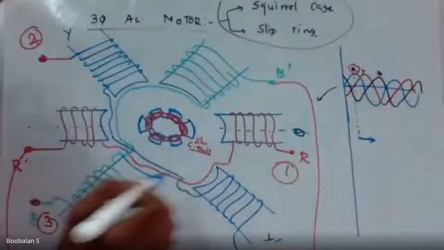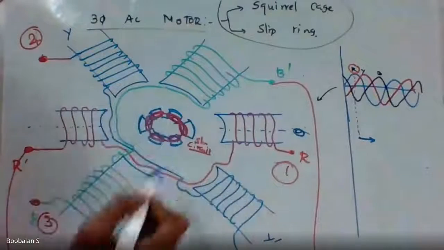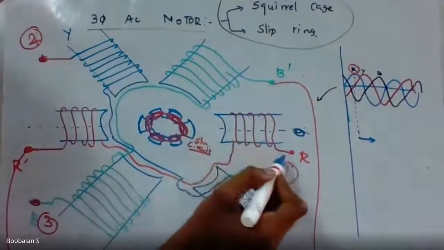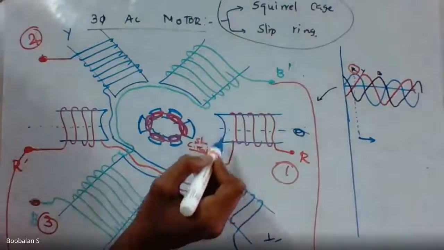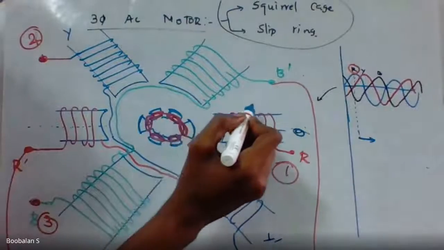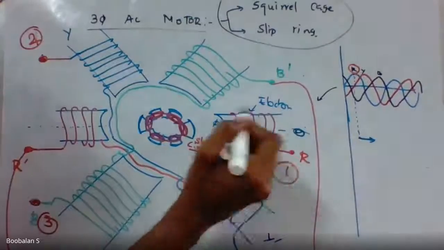Current is definitely flowing because the R phase and Y phase are all wound with my input power supply. So a flux line is going to be generated, and when current passes it will act as an electromagnet.